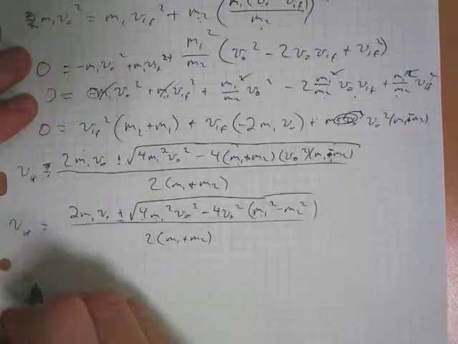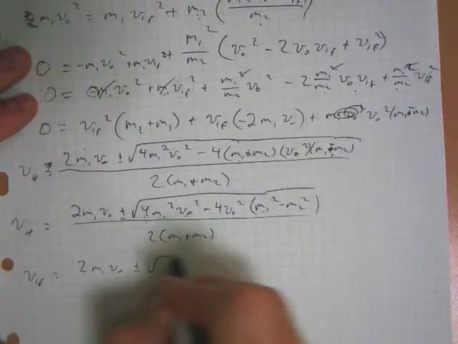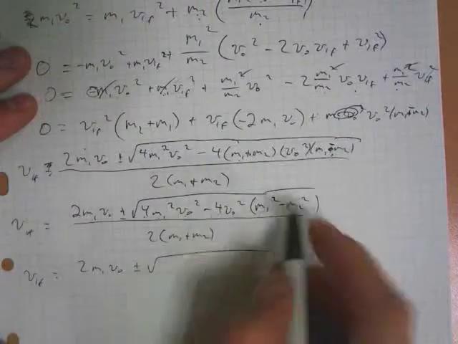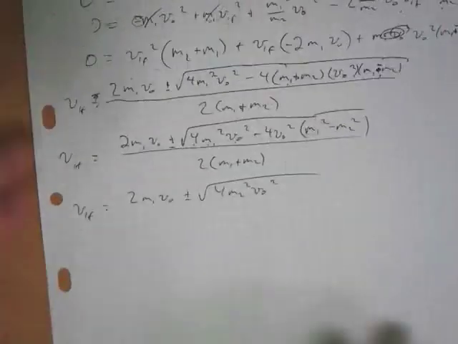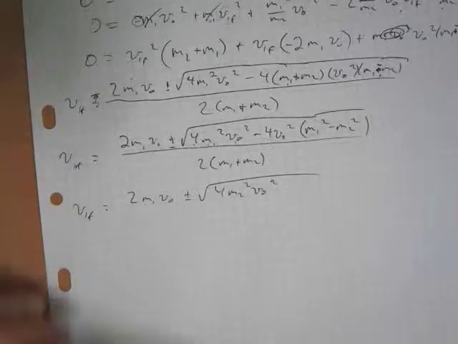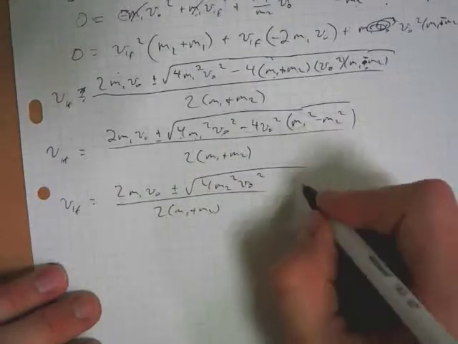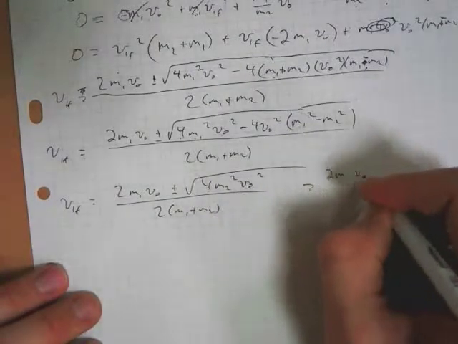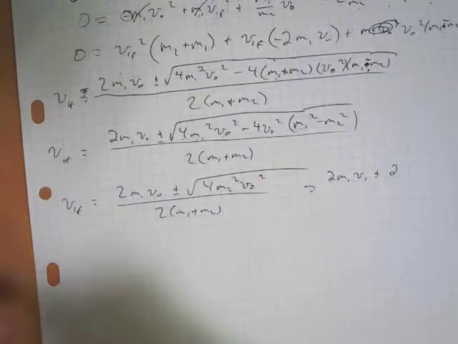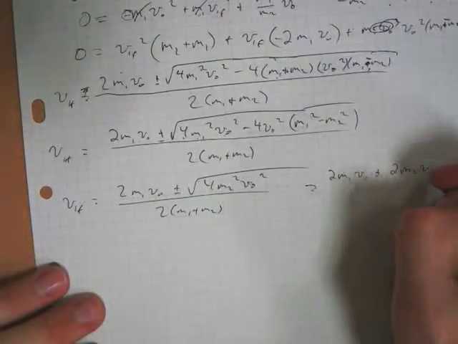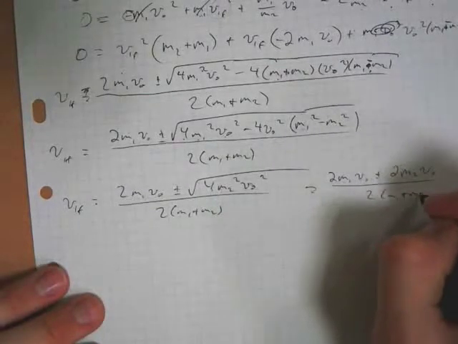So underneath the root, we're just left with 4 m2 squared v0 squared over 2 times m1 plus m2, which leaves us with 2 m1 v0 plus or minus 2 m2 v0 over 2 times m1 plus m2.